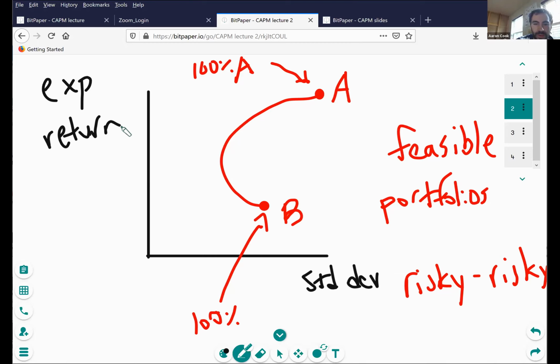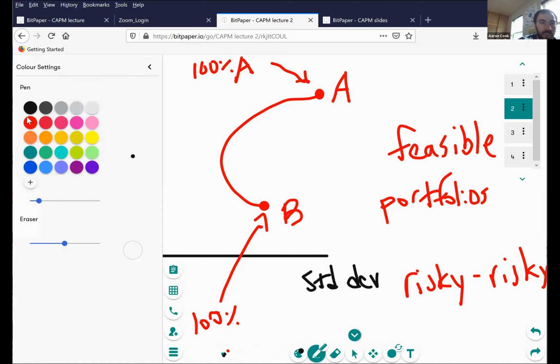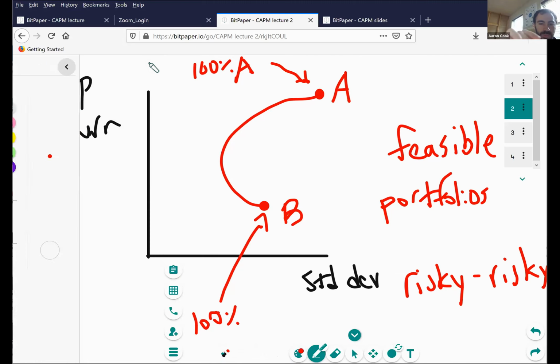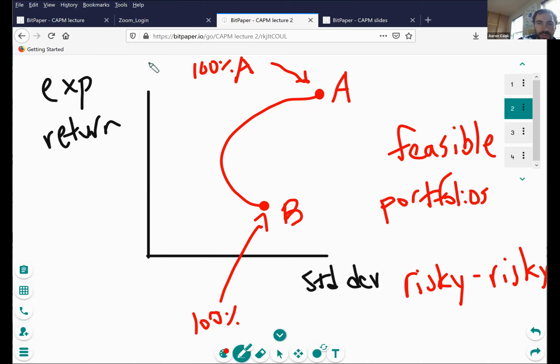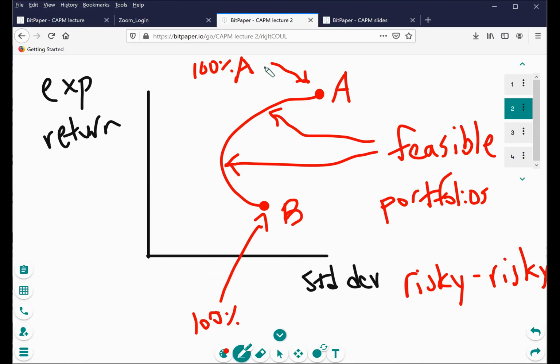But we can combine them in any proportion. We can split up our portfolio in any share to be able to achieve any portfolio along this red line. So the red line just represents the combinations of two risky assets. And it sort of bends backwards. The reason it bends backwards here is because of the diversification effect. There's a risk reduction associated with combining two assets together.